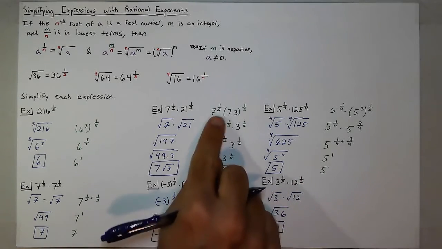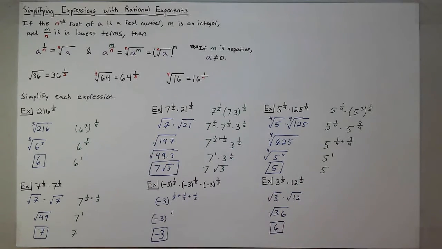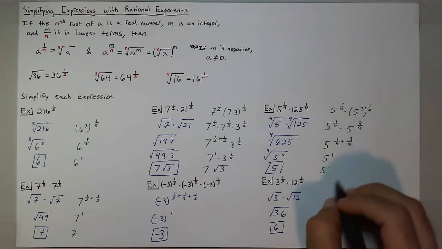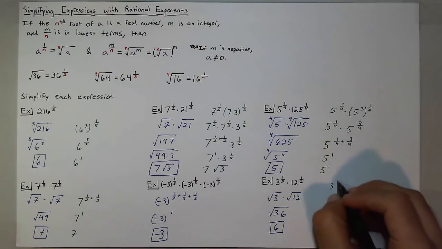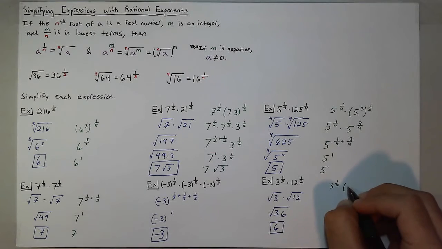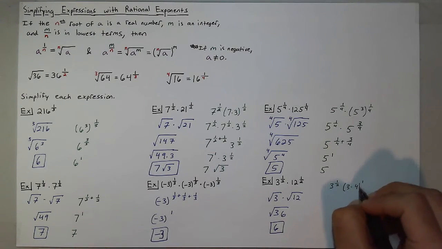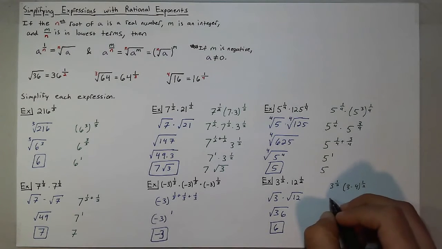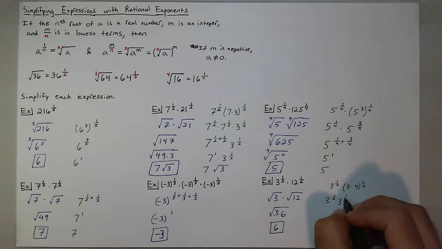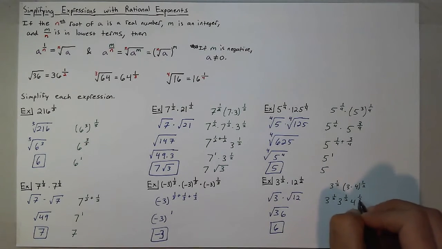I could go a similar method as you saw before by rewriting this as 3 to the 1/2 times 3 times 4 to the 1/2. So distribute the 1/2, and I get 3 to the 1/2 times 3 to the 1/2 times 4 to the 1/2.